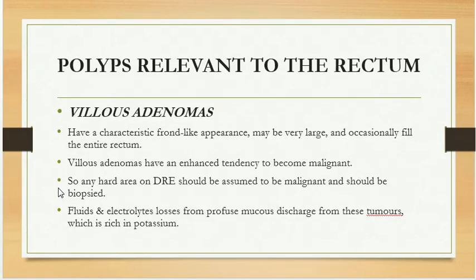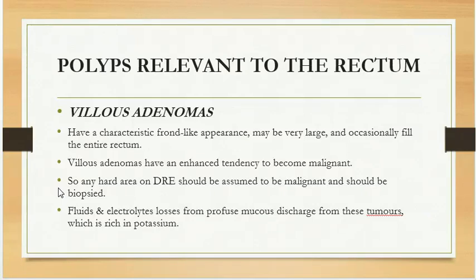The rectum shares the same spectrum of polyps as the colon. Polyps are described in terms of their appearance, whether they are pedunculated, sessile, or flat, and their histological composition, whether they are tubular, villous, or tubulovillous.